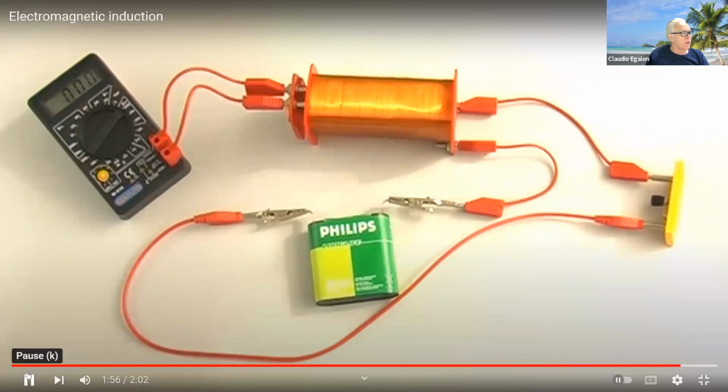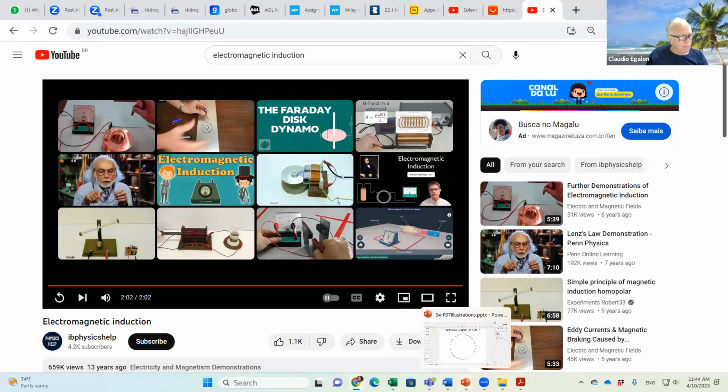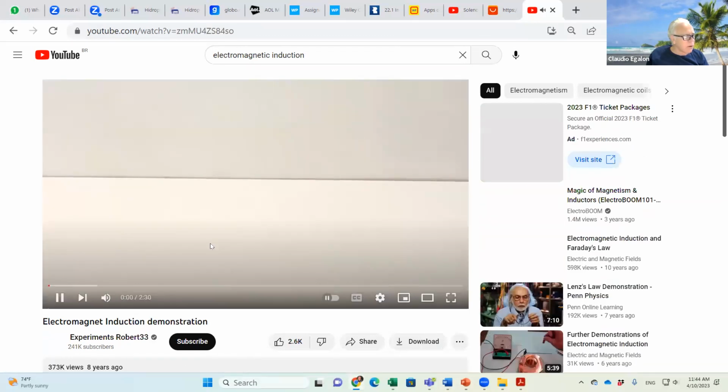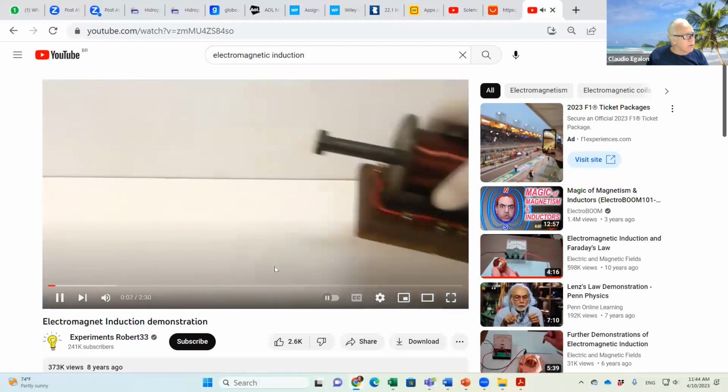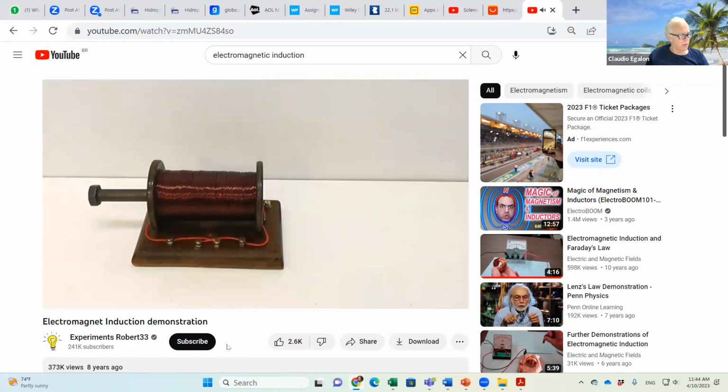Here the multimeter is changing, right? Those things actually exist. That's another way. Let me see this one here. Yeah, this one is another way of inducing.